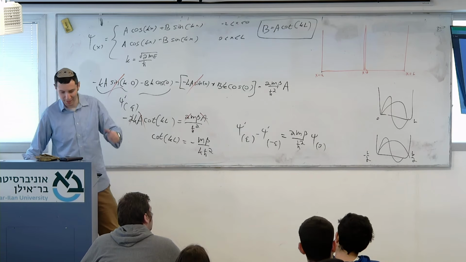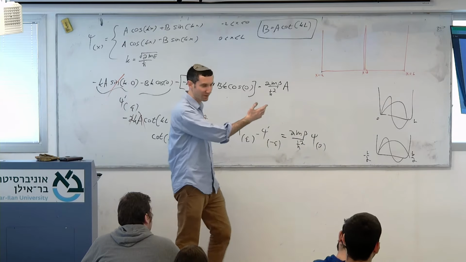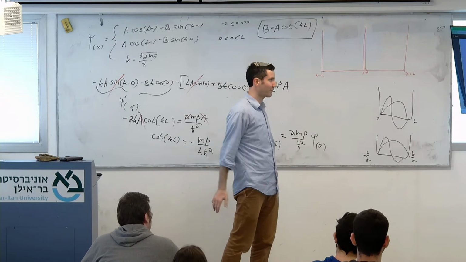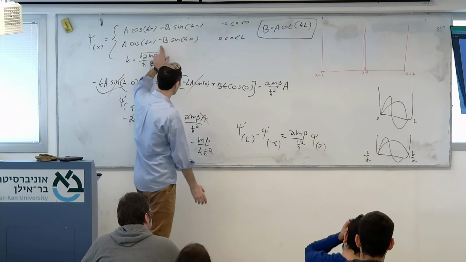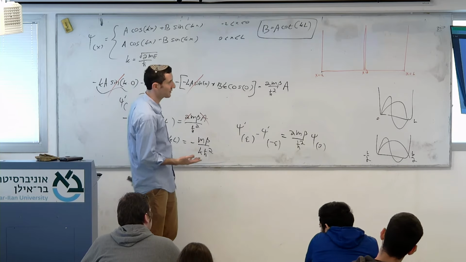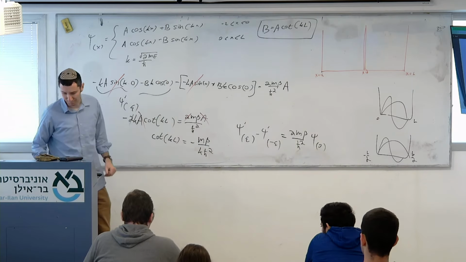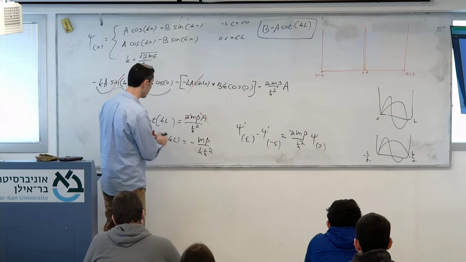So I get here a solution for kL. I can extract the energies from here numerically, whatever. It's not fun. And once I have them, I basically finish my answer, right? I can write the solutions of this.